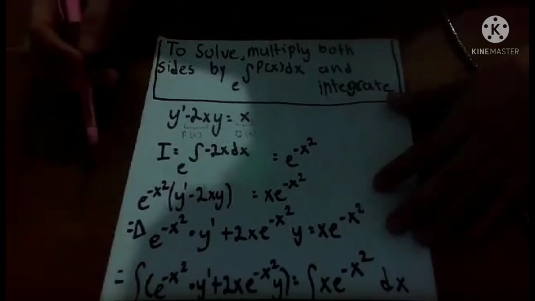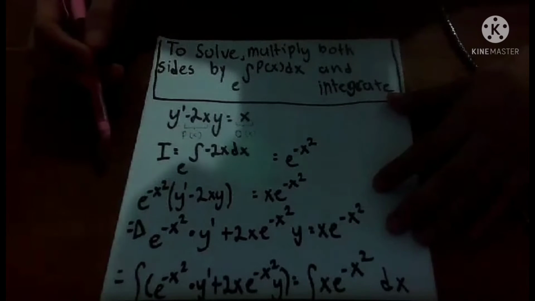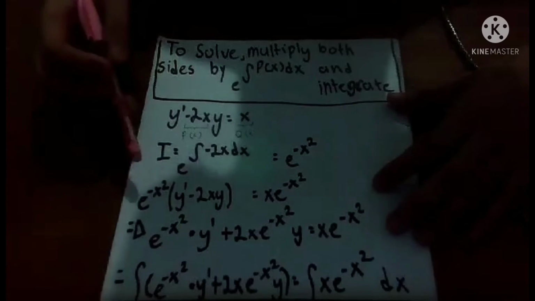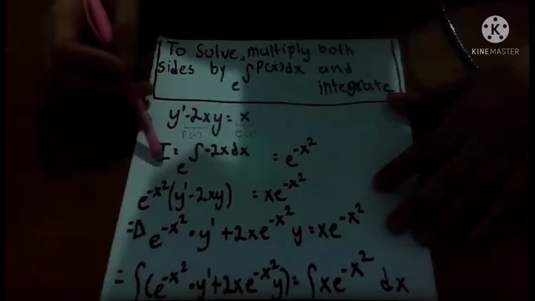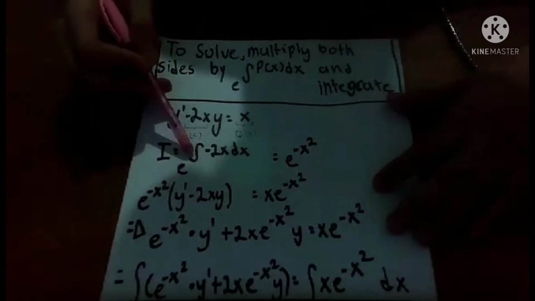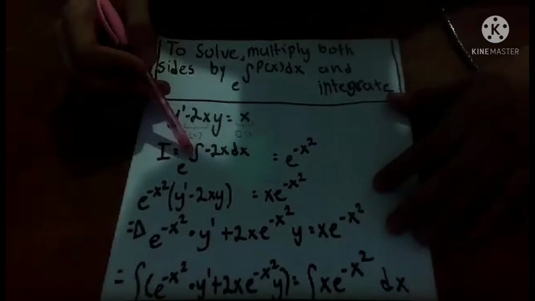To find the integrating factor, we'll be taking e raised to negative 2x dx.